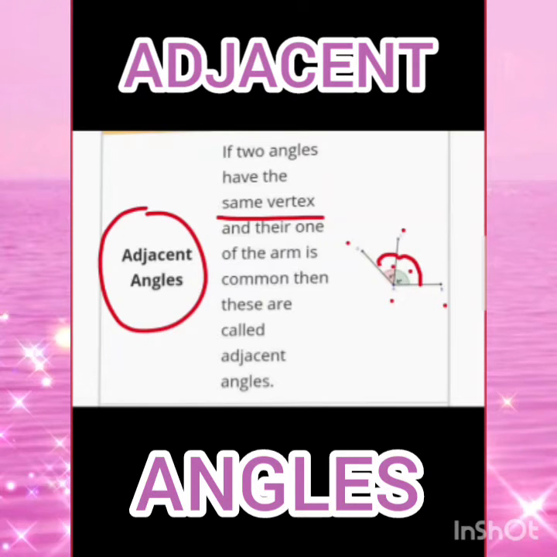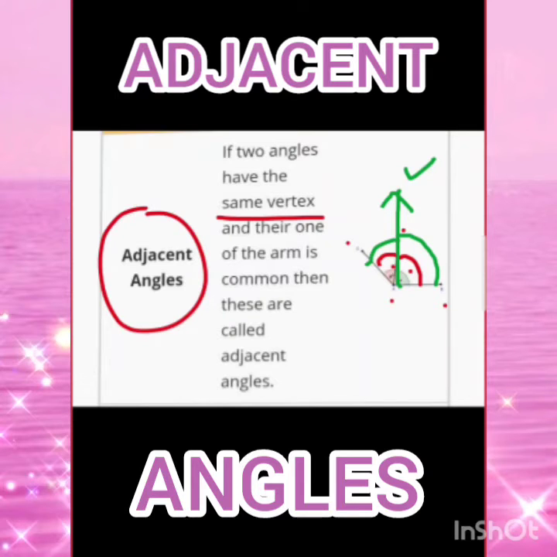But in both of them, something is common: one of their arms. Which arm am I talking about? The arm which is common in both of them. This is the arm, dear. That is common in both of the angles, this angle and this angle. So my dear student, this arm is common in them.